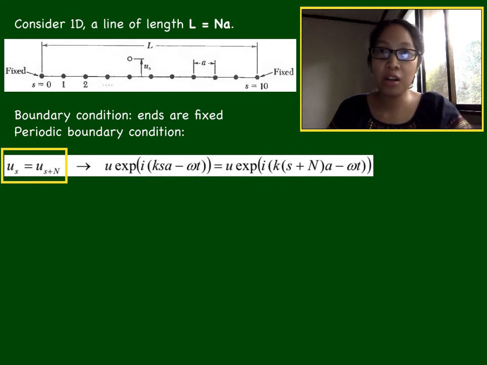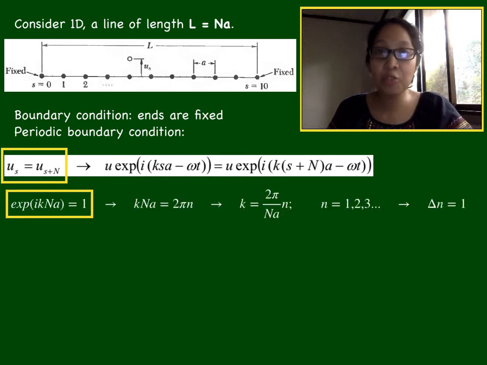Then we consider one-dimensional longitudinal waves. The resulting normal mode of vibration has the form of a standing wave. Then the exponent of i k N A is the condition for admissible values for the wave vector k. Why should we require this?